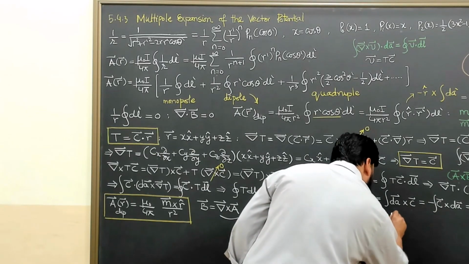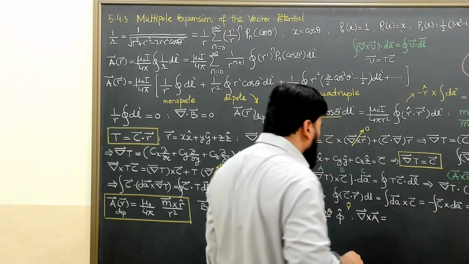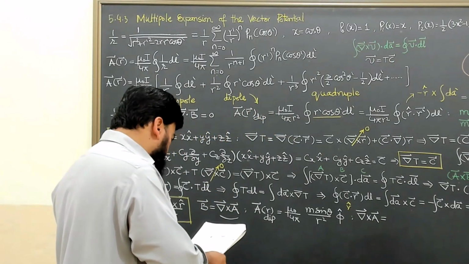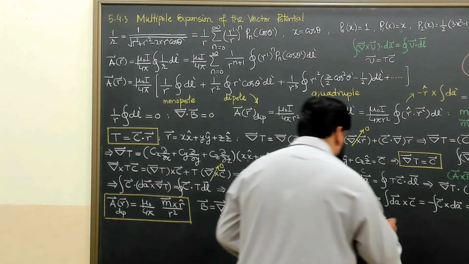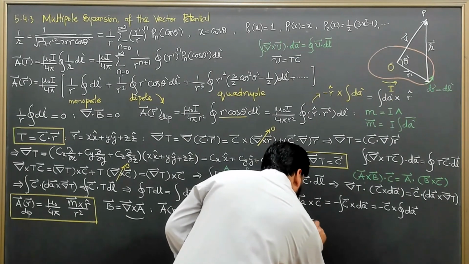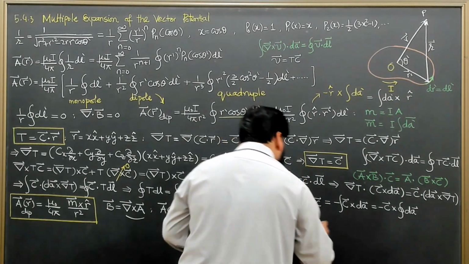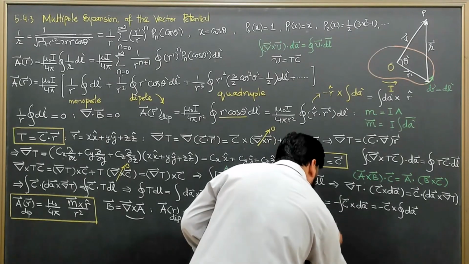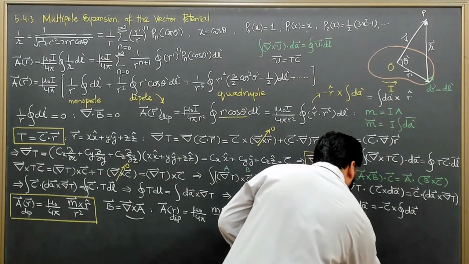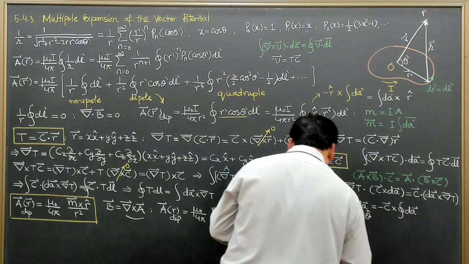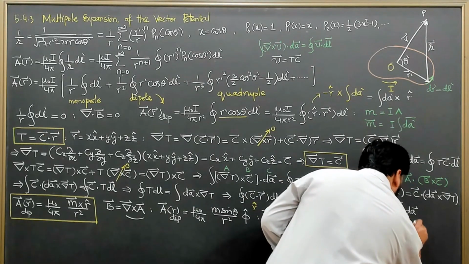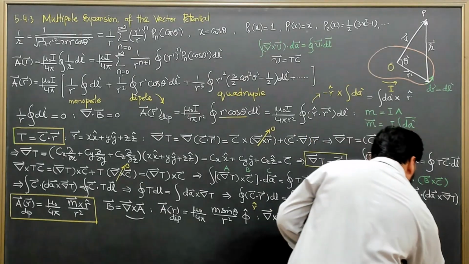Principally, we have del cross in spherical polar coordinates, and del cross A is equal to 1 over r sine theta, with the r unit vector, then r theta unit vector, and then r sine theta phi unit vector.